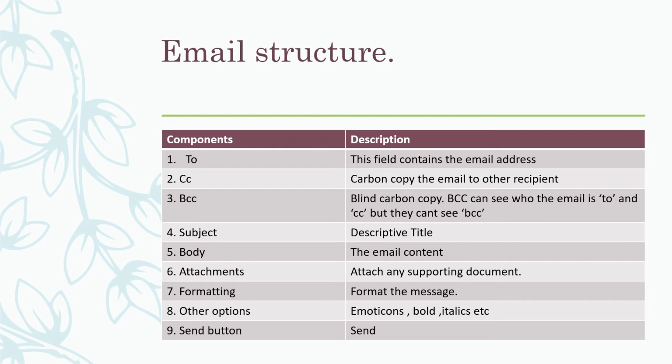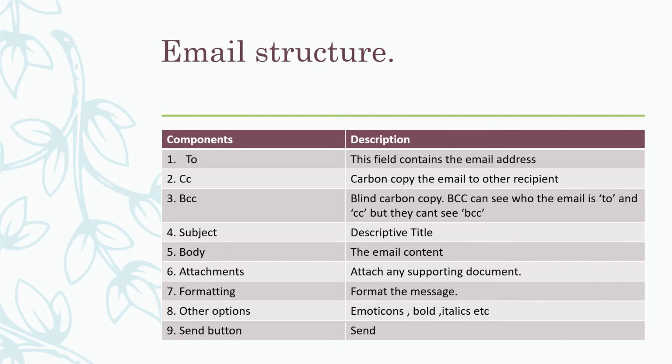For example, especially in the case of some dispute, you want more than one authority to know about the matter, so you will write to the main authority where this matter is headed, and then you can additionally write to other departments as well. Then comes the BCC.